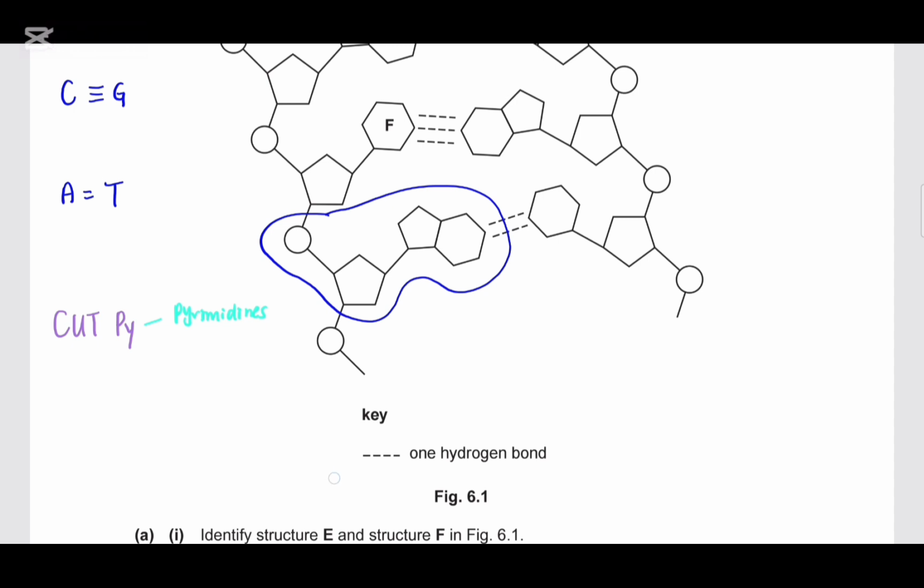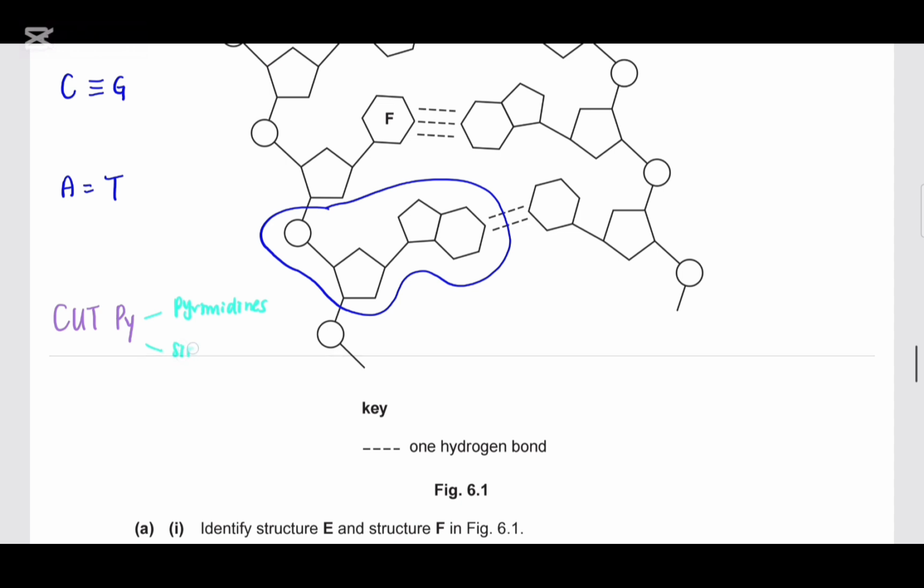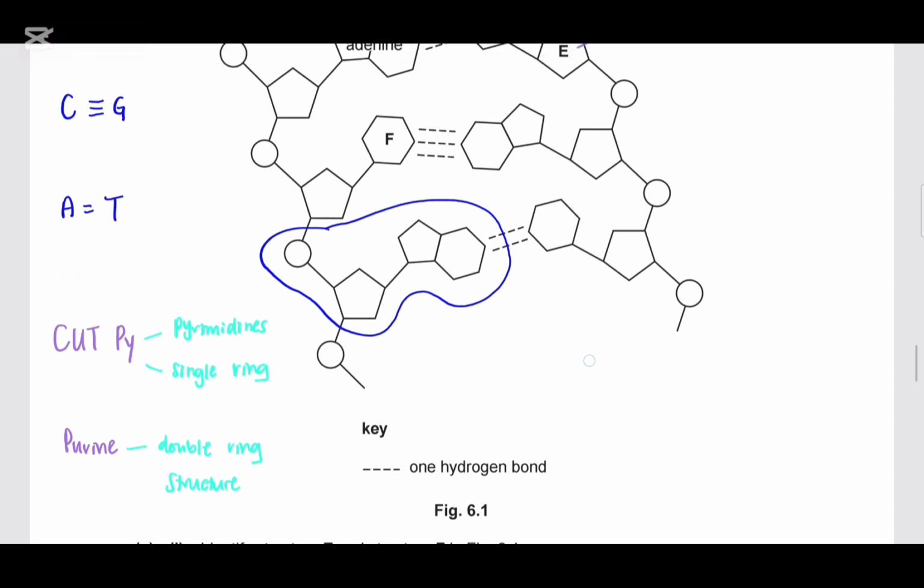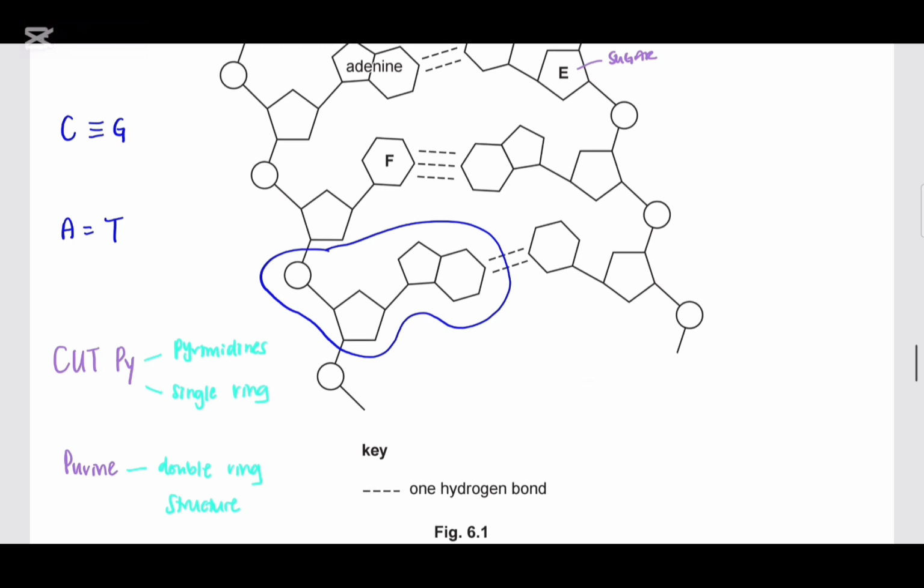Please remember, pyrimidines only have a single ring structure, whereas purines have a double ring structure. From CUT PY, you should already see that the 3 bases that belong to pyrimidines are cytosine, uracil, and thymine.